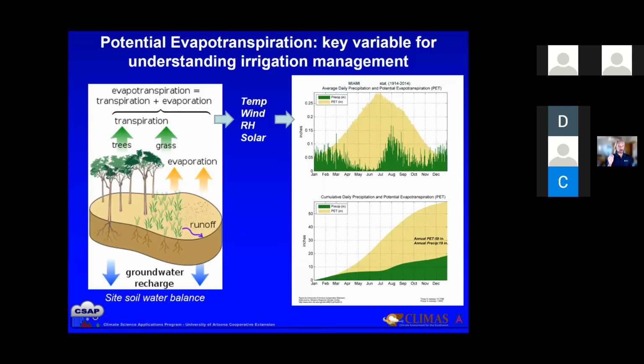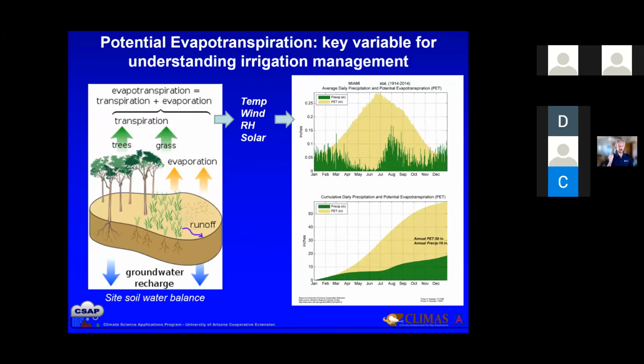If we know temperature, wind, relative humidity, and solar radiation on a very fine scale at a weather station, and we know this over fine timescales, like on an hourly basis, we can then estimate what the potential evapotranspiration is from a location, right?